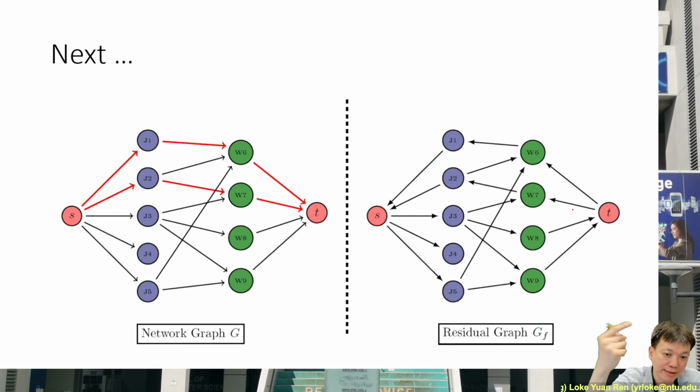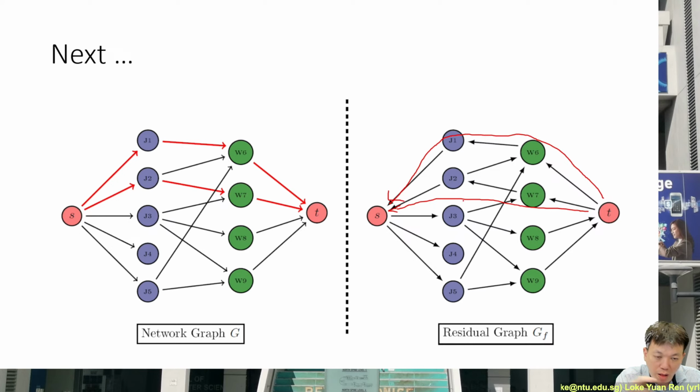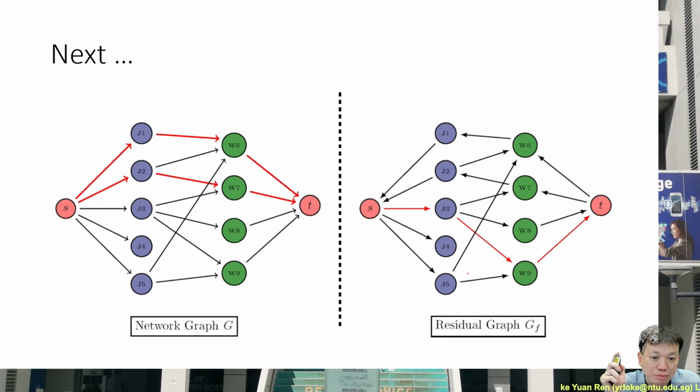That is one iteration. So the next iteration, you can see that after this second iteration, we found the second path. From here is one, and from here is another one. We found two paths. You can see here I indicate in red color. 1, 2 already. Then carry on.